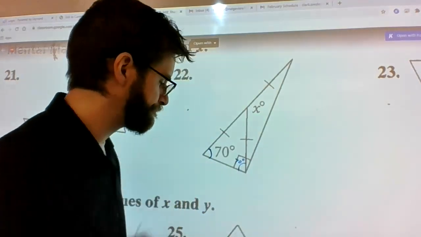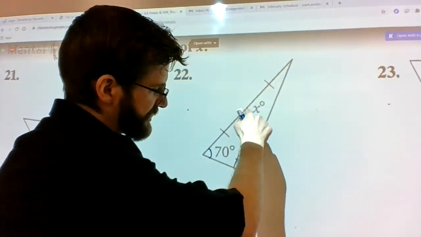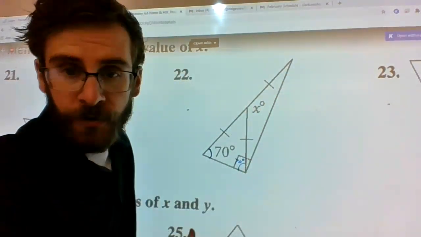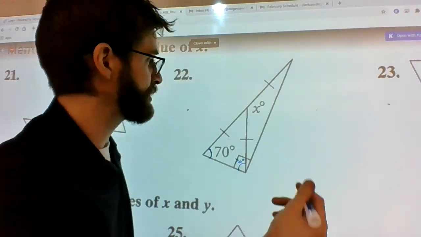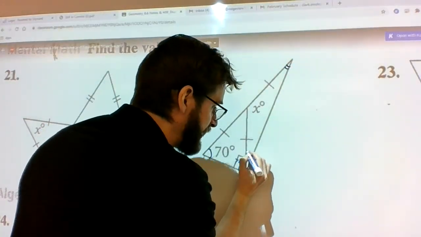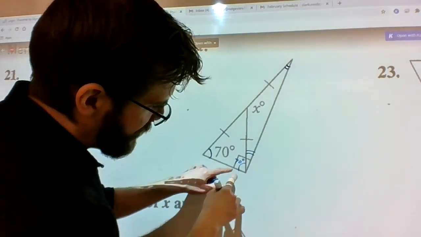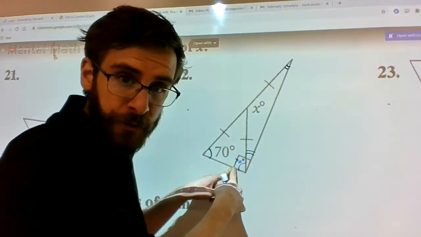Furthermore, if this side and this side are congruent, you've got another isosceles triangle, which means this angle here and this angle down here are also congruent. So this little box indicates it's 90 degrees.